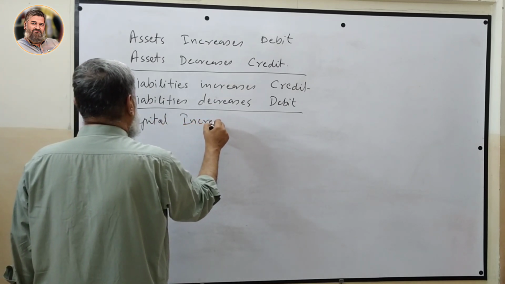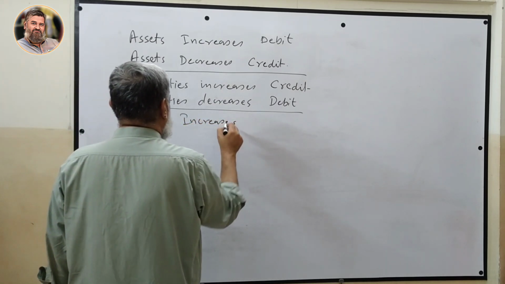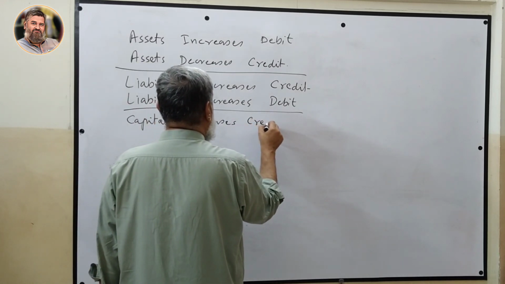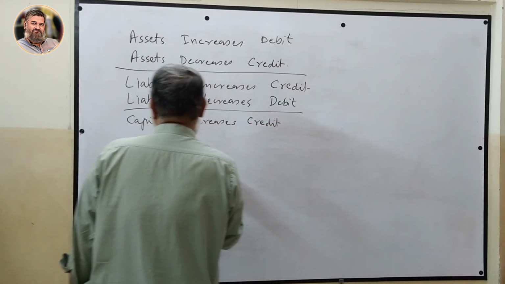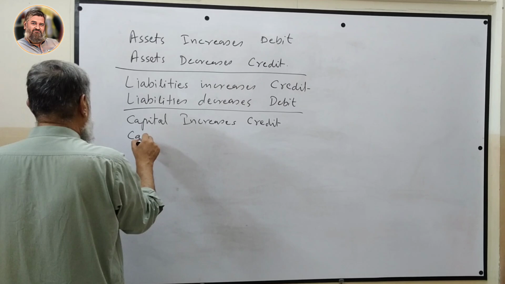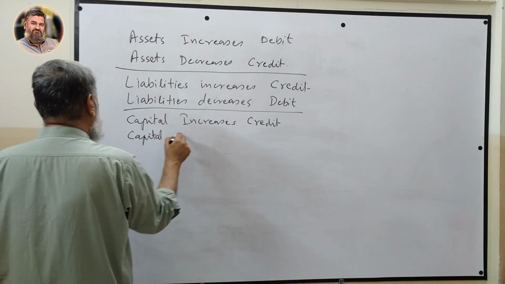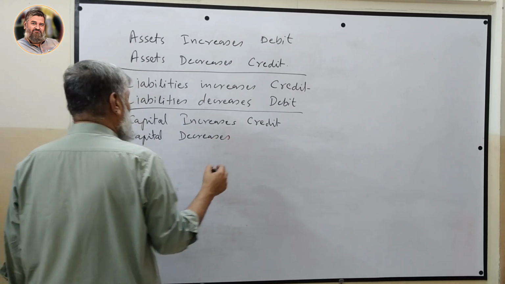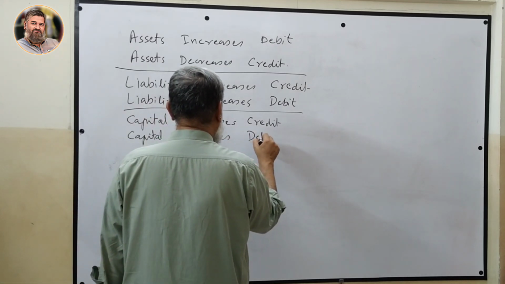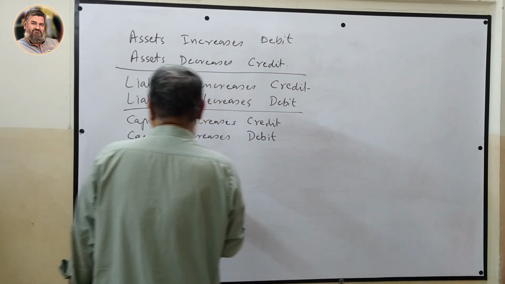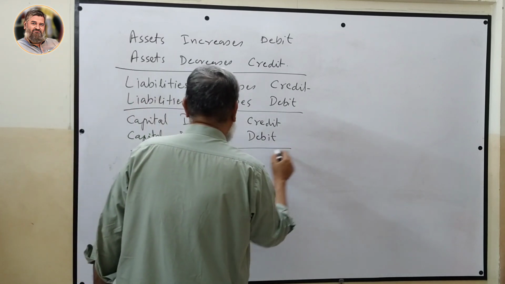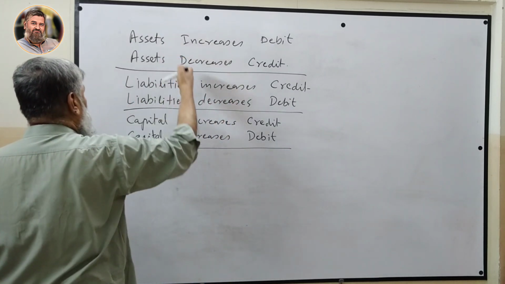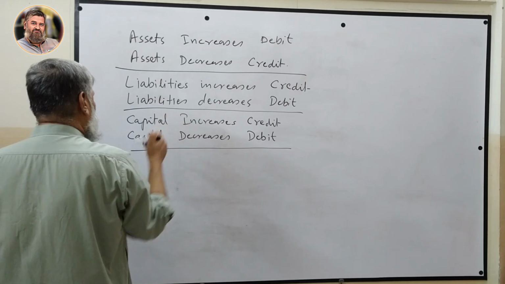The third one is capital. If capital increases, record it at the credit, while if the capital decreases, record it at the debit side. Assets, liabilities, capitals.